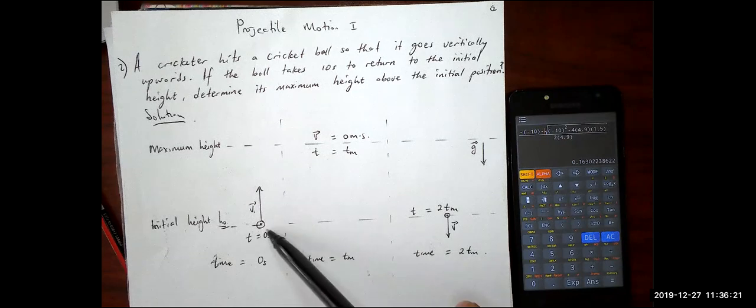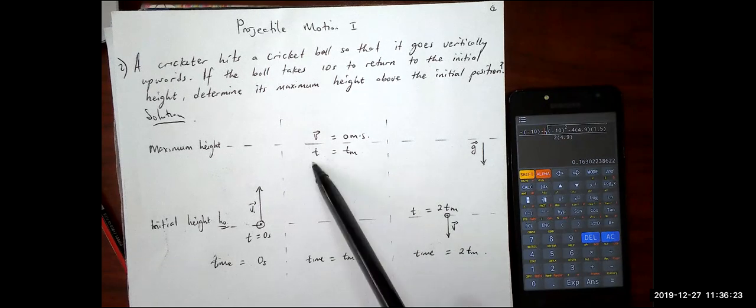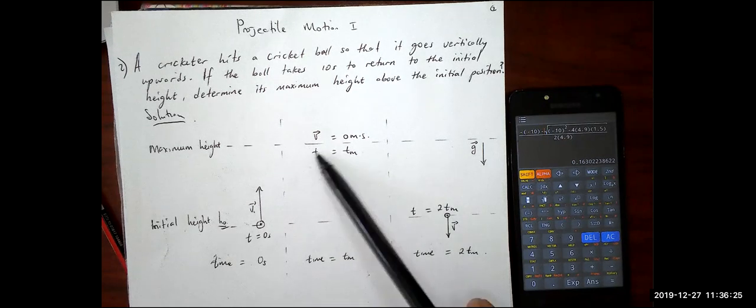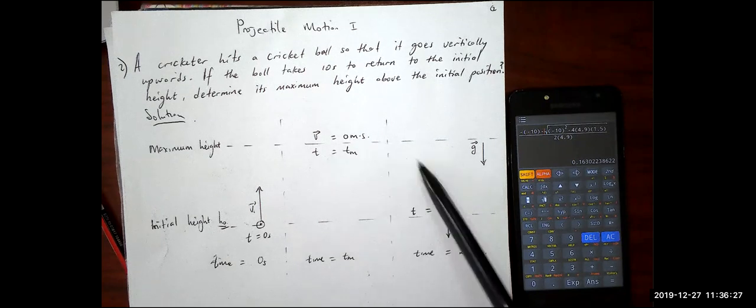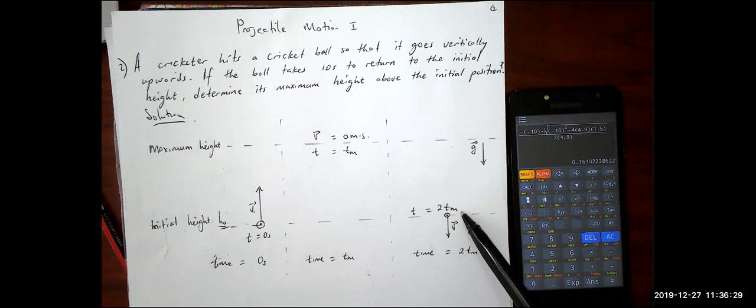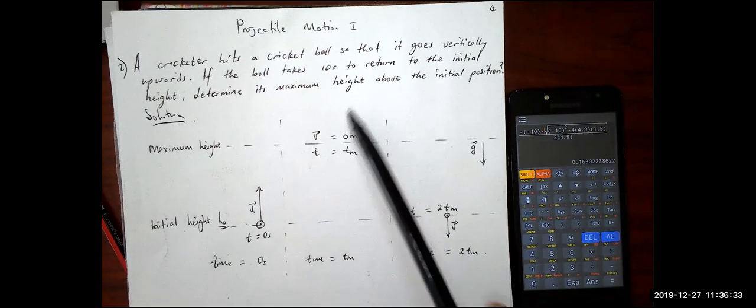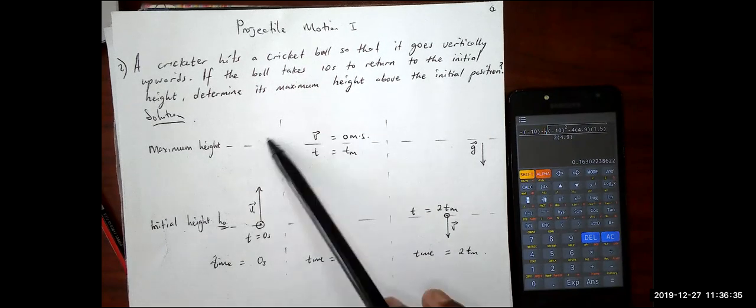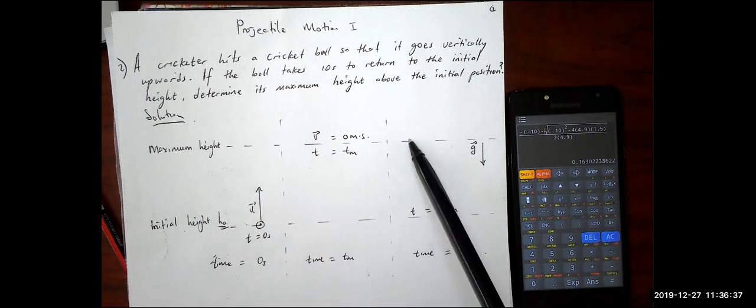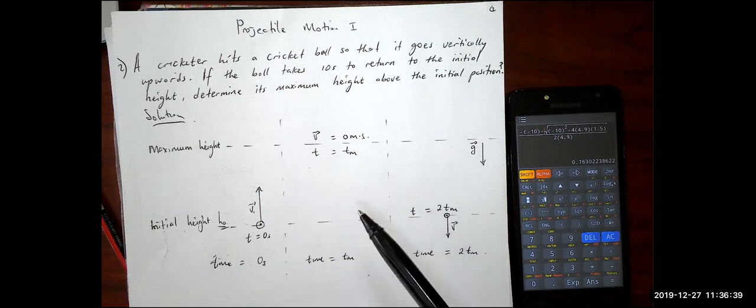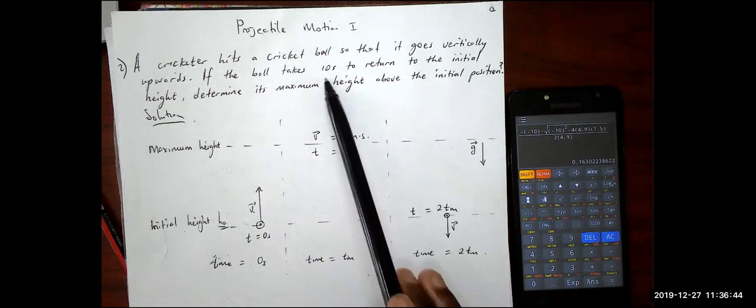Then it goes up, it reaches maximum, and at maximum the velocity is equal to 0. Then it comes back to the same position. So it's actually 2 times, because of time symmetry. The time it takes to reach the top and the time it takes to come back are the same. So we just have to divide the 10 seconds by 2.